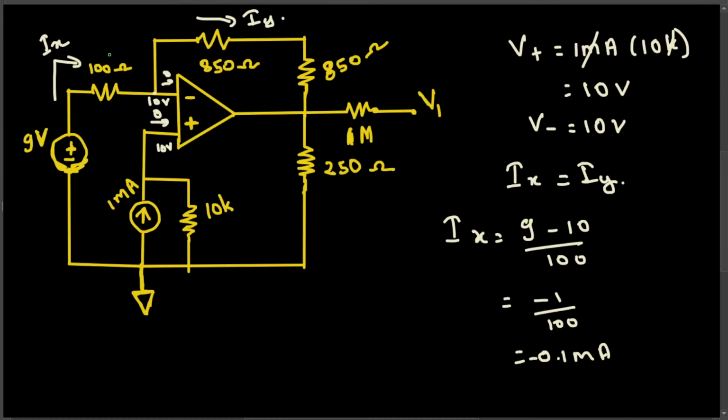So the current direction is basically the opposite direction. And IY is going to be equal because IX is equal to IY, and that's also in the opposite direction.